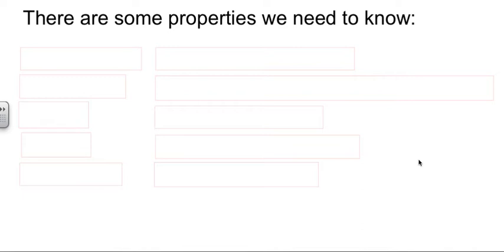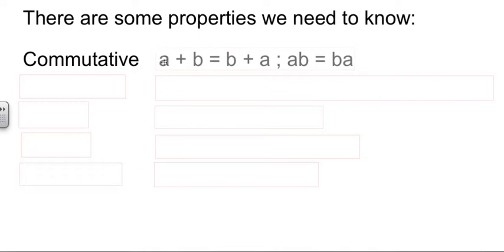And there are also some properties of mathematics that we need to be aware of. And you've seen these before, you probably just don't remember them offhand. But the commutative property, commute means to move. So the commutative property lets you move things around.